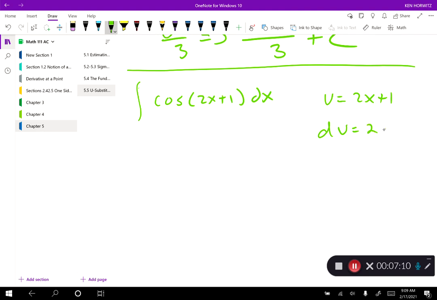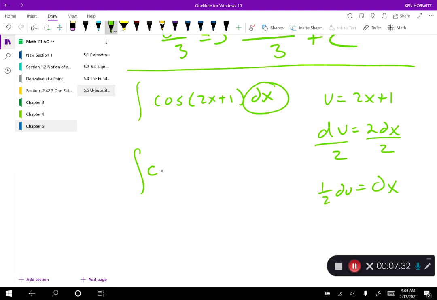And du is going to be 2 dx. Now, like in the first one, all I have is a dx here, and I've got 2 dx here. So in order to get my dx, I'm just going to divide by 2 on both sides, and I get 1/2 du equals dx.